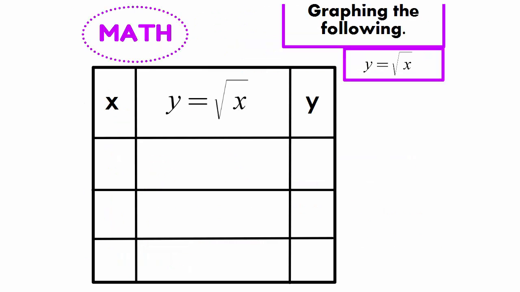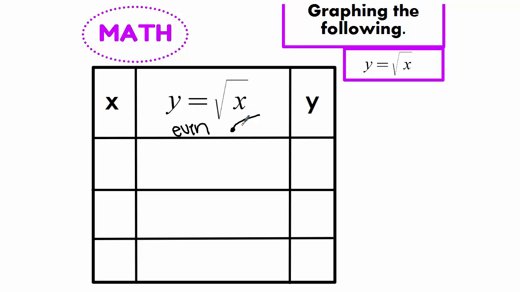So let's go through this. For this first one, we're going to pick the first x value to see how this graph is going to work out. So we notice it's a square root. Square roots are even, and even graphs have a starting point and then sort of go up or down, left or right.